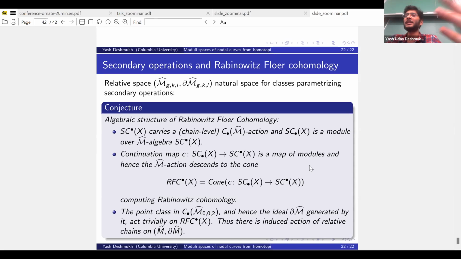Right now the framework seems immediately applicable to the case of Rabinowitz Floer theory, but in the long term, I'm interested in looking at operations on positive symplectic cohomology, even operations for higher genus and multiple inputs, multiple outputs. These kinds of formal statements give you some hints of what kind of definitions to look at.